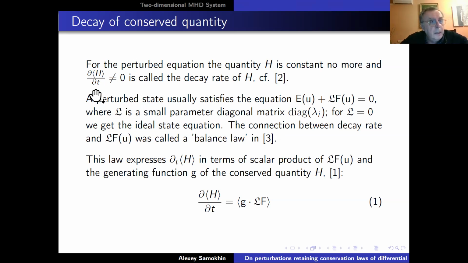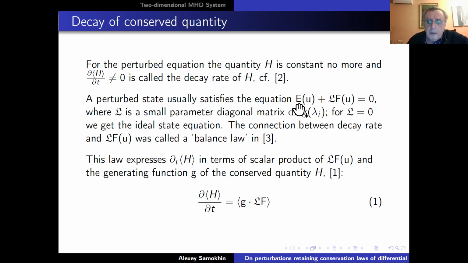And this decay rate is very, very useful in qualitative research of the perturbed equation.